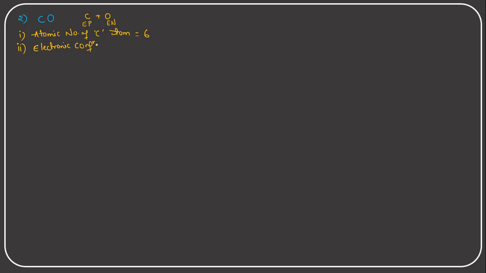The electronic configuration of the carbon atom is 1s2, 2s2, 2p2. The third point is the atomic number of the oxygen atom, that is 8. And the fourth point is the electronic configuration of the oxygen atom.